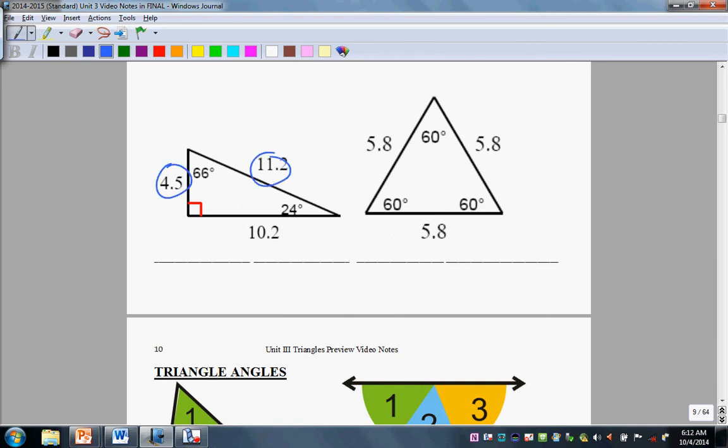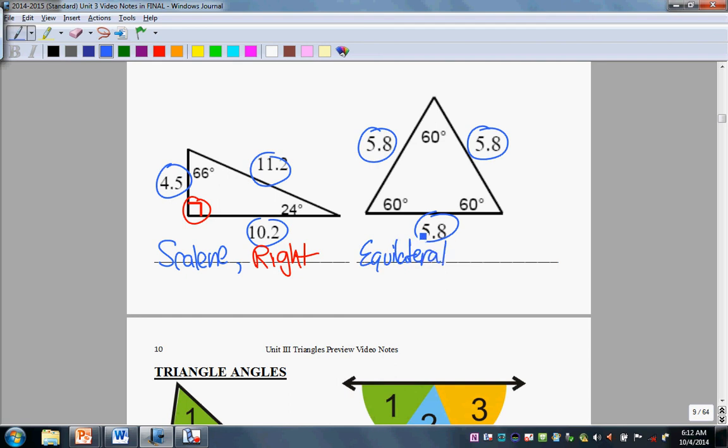Sides again, notice nothing's equal, so I'm going to write scalene. And we have 1 right angle, so this is a scalene right triangle again. Taking a look at the sides, notice all 3 are equal, so this is equilateral.